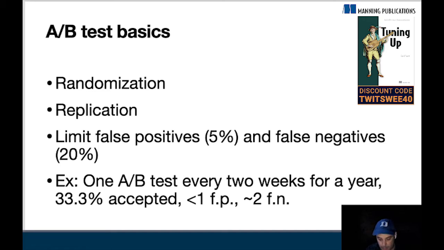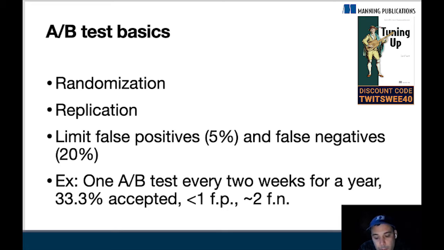Maybe that's not so bad. I guess it depends, of course, on just how much damage that does to the system. When you accept version B and it's not actually good, when you have a false positive, you're reducing the quality of your system. So it's important to keep false positives out. You'll notice that the false positive limit of 5% is much lower than the false negative limit.